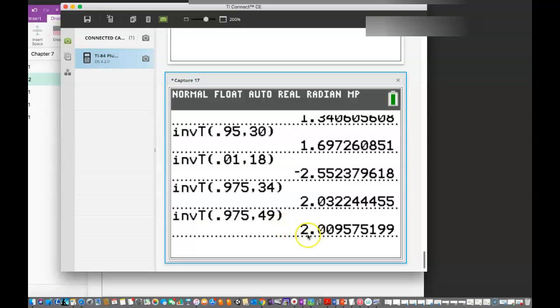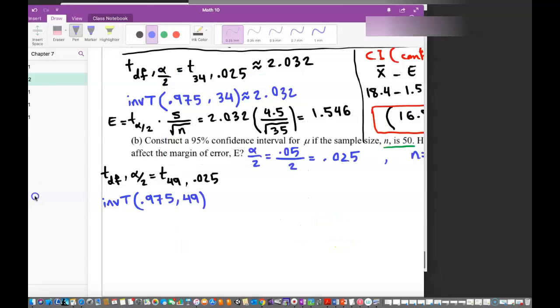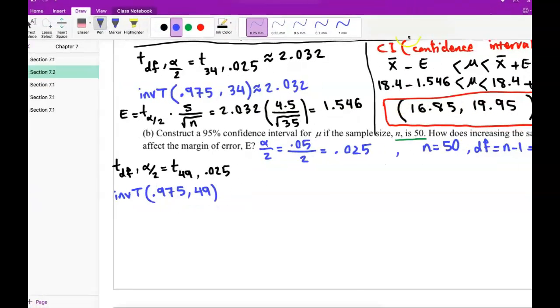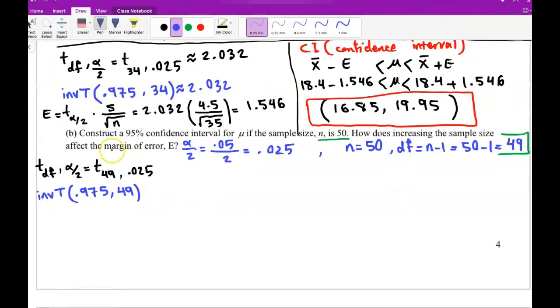Okay, what we have here is 2.0095. Okay, rounding that, the answer is 2.010. So the answer for this part is 2.010.